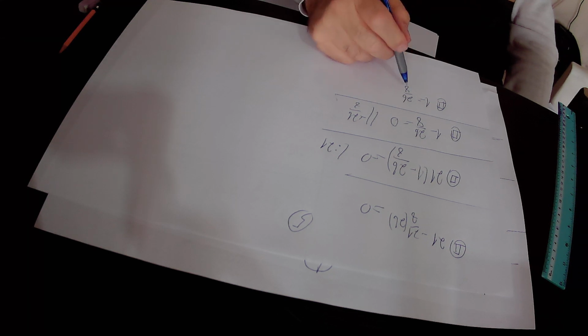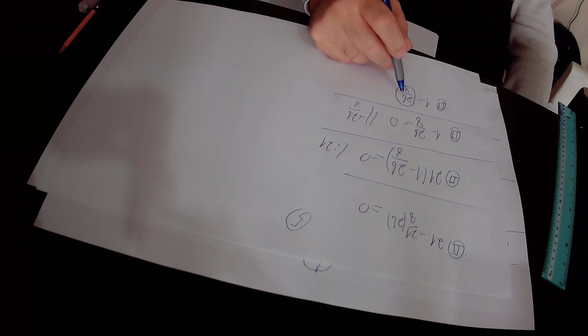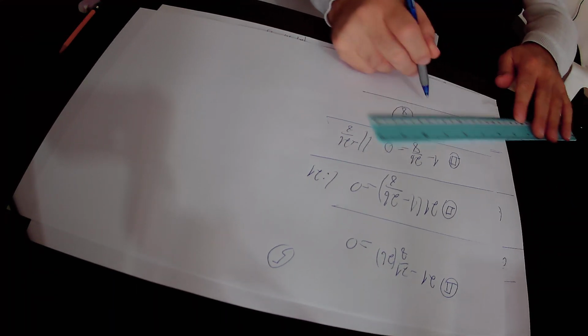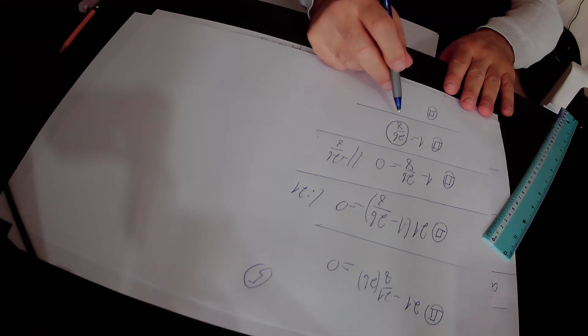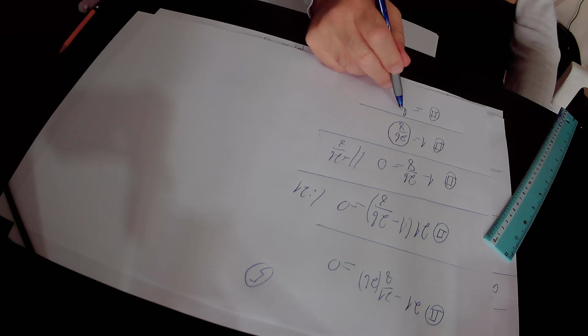So here we divide both the numerator and the denominator of this expression by 2. And we get that 1 equals 2b over 2, which is b, and 8 over 2 is 4.